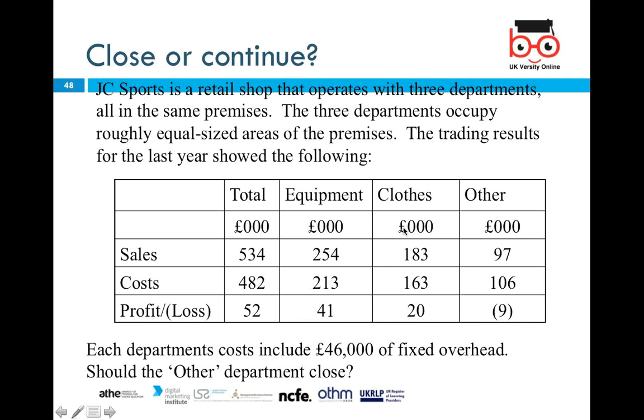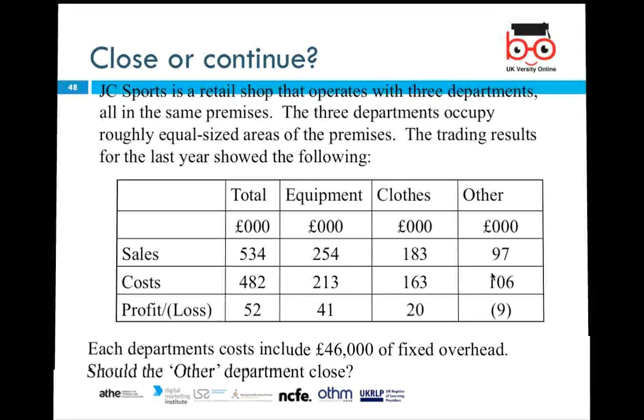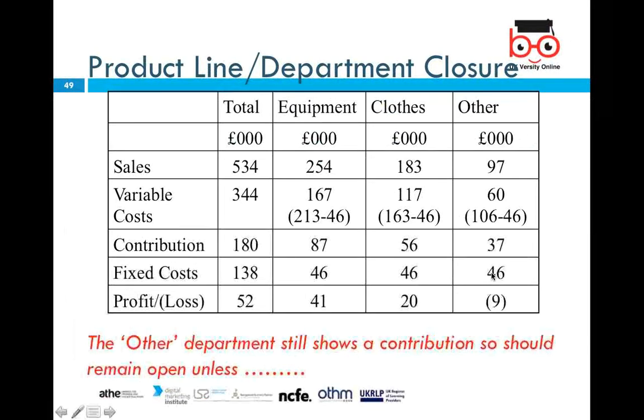Each department's costs include 46,000 of fixed costs. Now they have one important agenda: should the other department be closed? This is because it is making a loss, so they are thinking of closing that department.